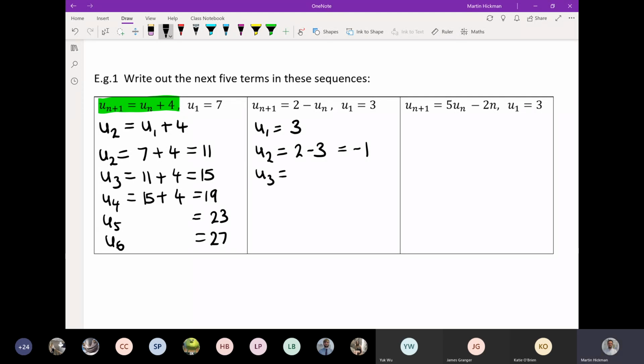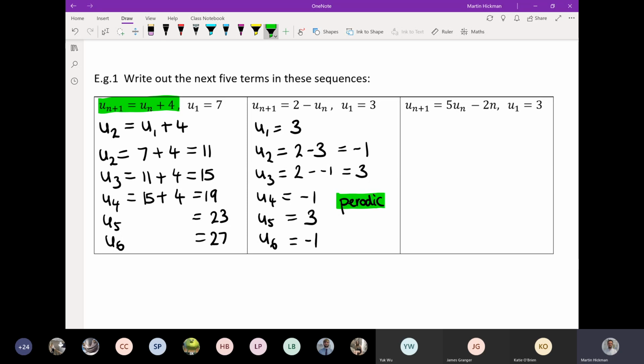To find u3, I do 2 minus the previous term, so that's 2 minus minus 1, which gives me positive 3. Now I know that when I put in positive 3, I just get minus 1. When I put in minus 1, I know I get positive 3, and so on. So this sequence is always going to go 3, minus 1, 3, minus 1, 3, minus 1. It's what we call a periodic sequence.